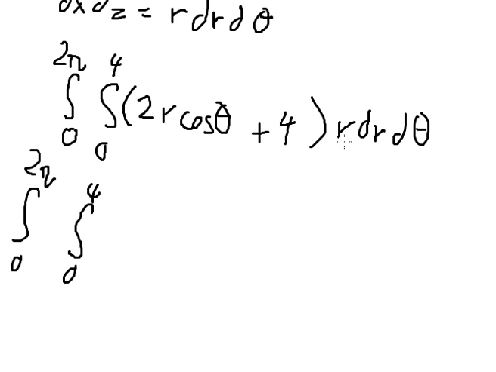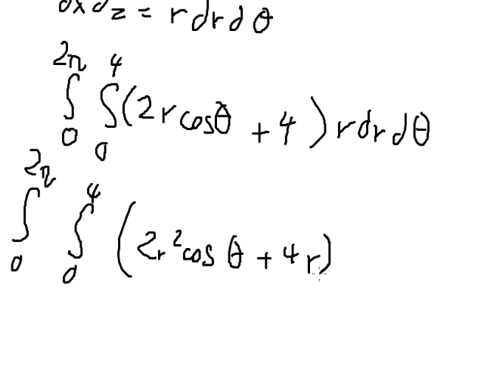So we have r multiplied by 2r cosine theta and 4, so 2r squared cosine theta plus 4r, dr d theta.